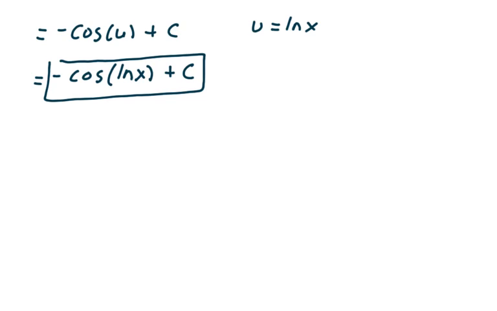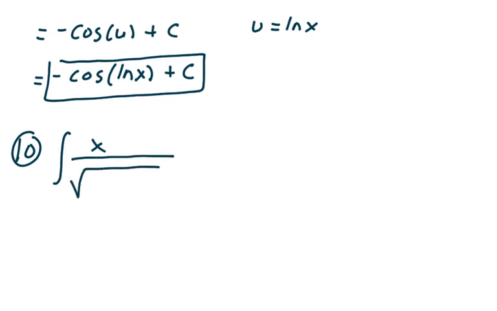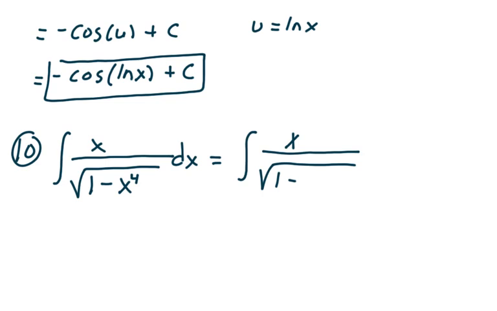Let's take a look at 10. On 10, we have the integral of x over the square root of 1 minus x to the 4th dx. But this can be written as the integral of x over the square root of 1 minus (x squared) raised to the 2nd, dx.